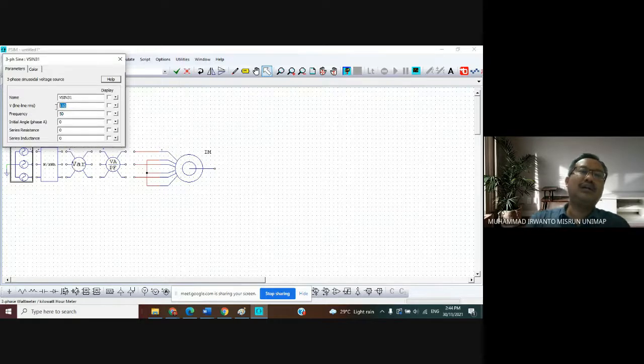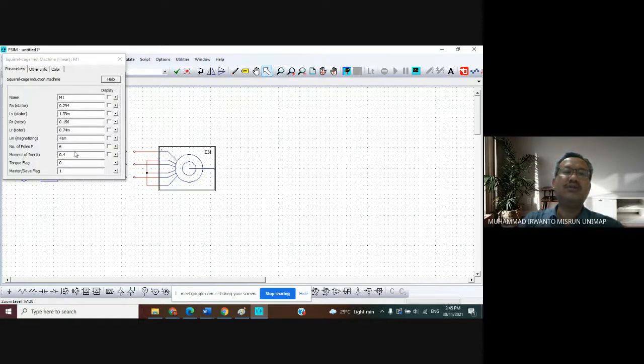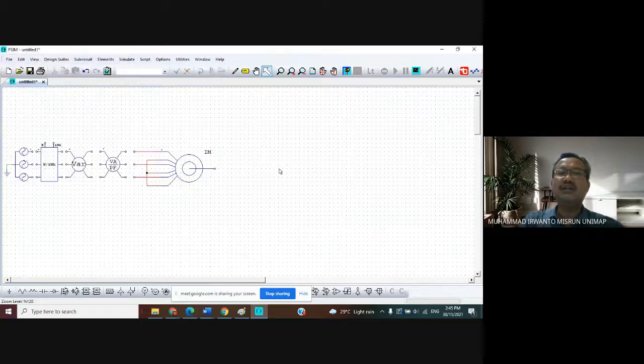And then look at here, line to line RMS. For our system it is 415, so type 415 volt here. And then for the first, just follow this one. The number of poles is 6. Okay, and then you connect following this one.